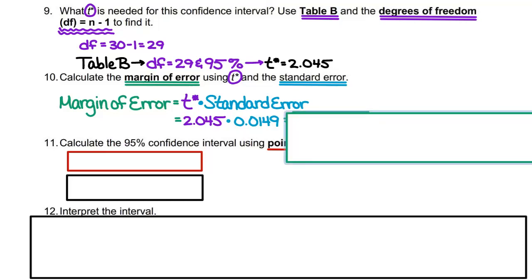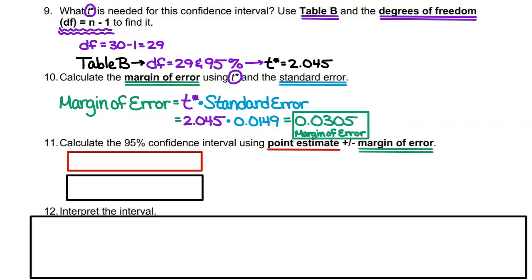Why don't we go ahead and round that to .0305? Is that okay? There's nothing wrong with keeping it .03047. Absolutely nothing wrong with keeping it there.